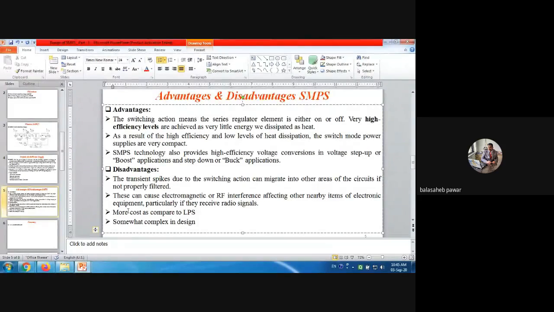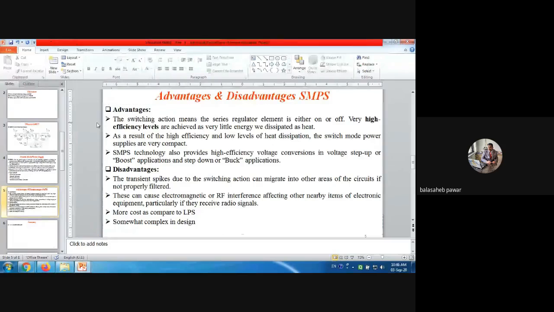So the cost of this SMPS is somewhat more than that of our linear power supply, and the design is also somewhat more complex compared to the linear power supply. So these are the few advantages and disadvantages of this SMPS.